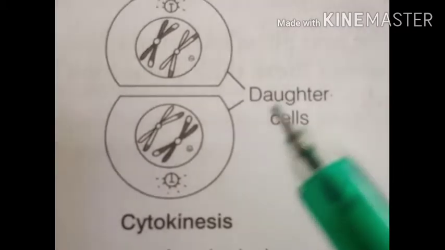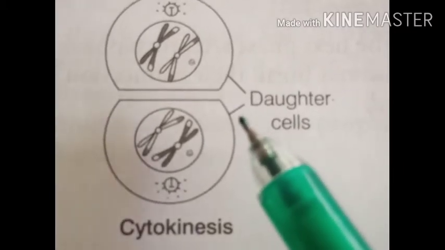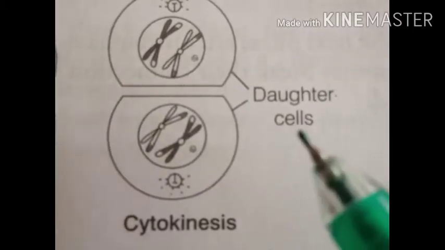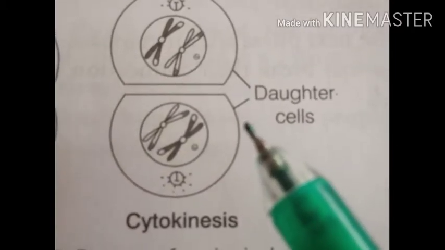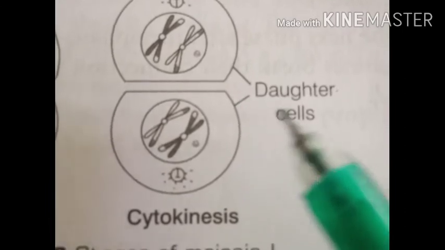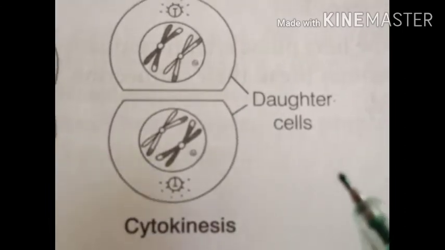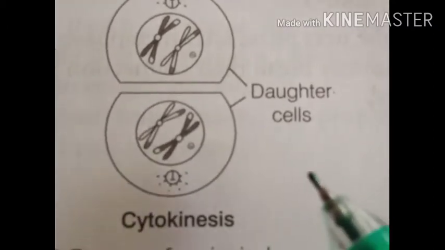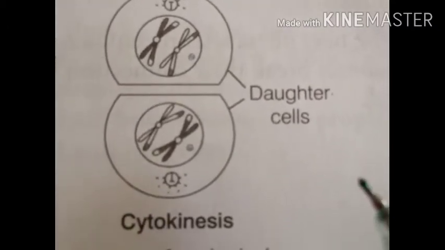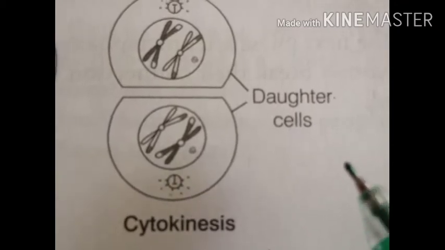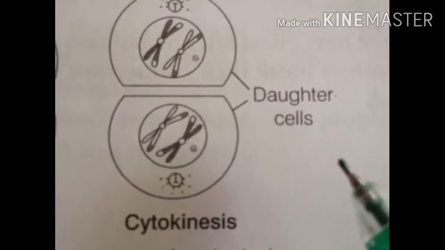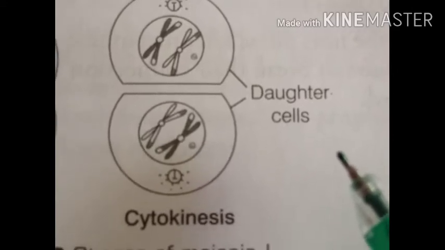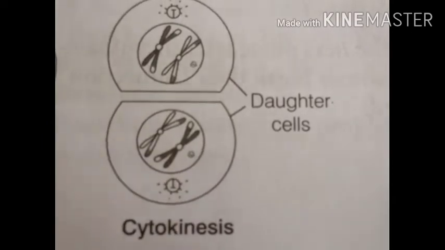As cytokinesis is over, another stage called interkinesis starts, which is the stage between the two meiotic divisions, meiosis 1 and meiosis 2, and is short lived. During this phase, there is no replication of DNA, as this is necessary for bringing the true haploid DNA in the daughter cells.